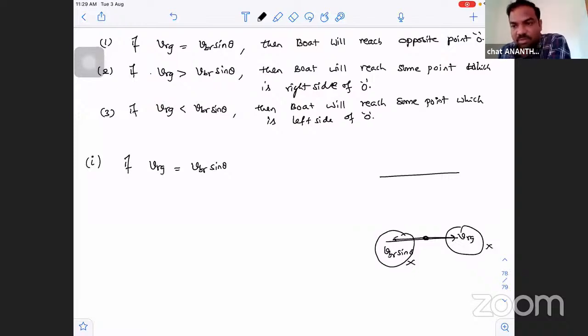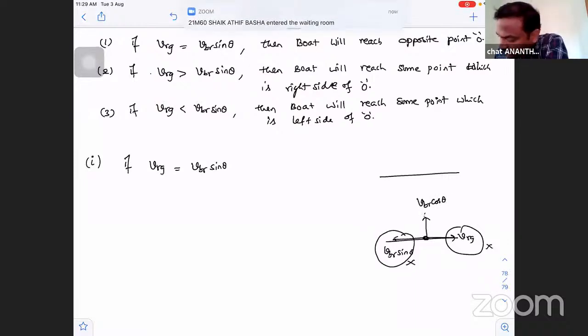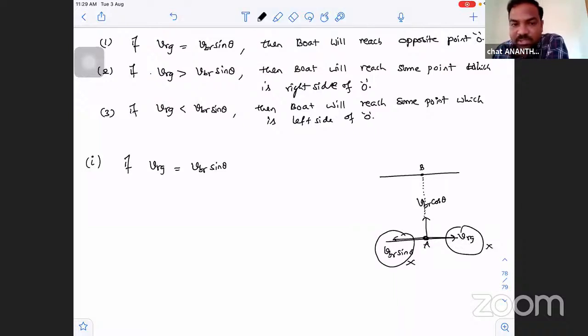But it has VBR cos theta, so it will move perpendicular to the river. If it starts at point A, it will reach point B, the opposite point.